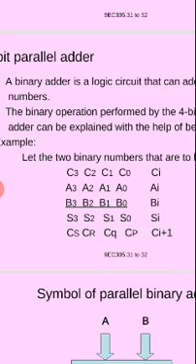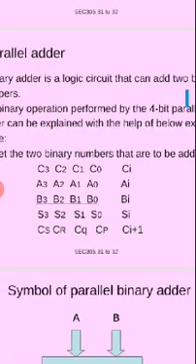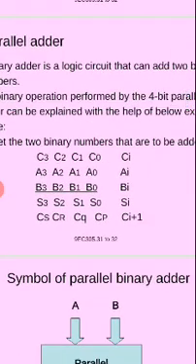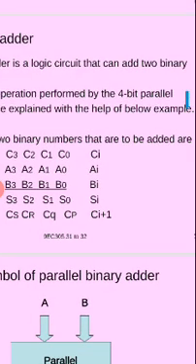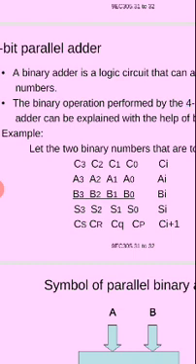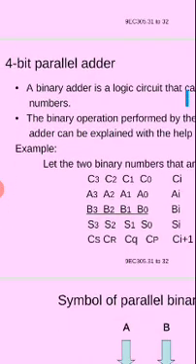The binary operation performed by the 4-bit parallel adder can be explained with the help of the below example. Example is given here.